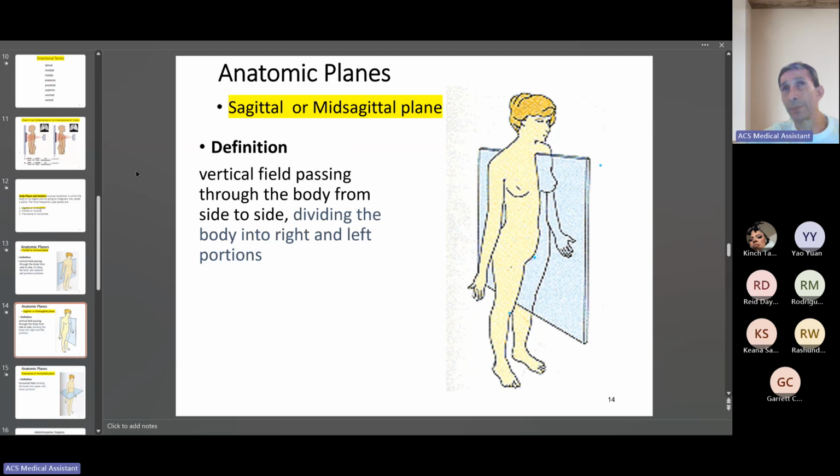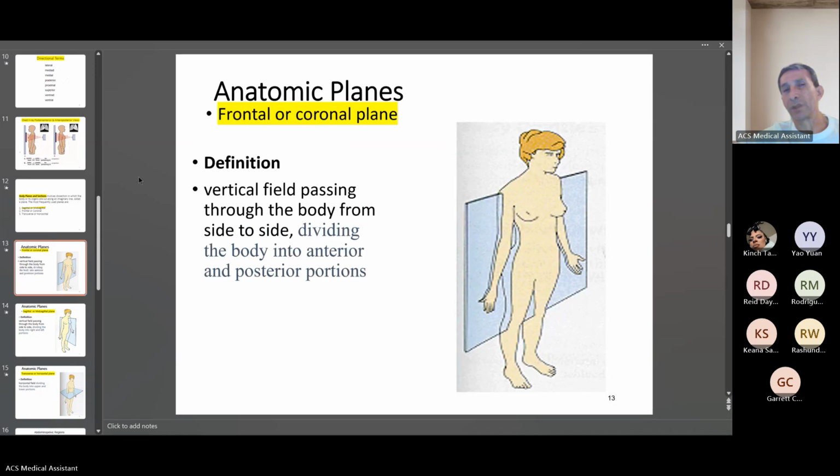So as soon as you see the body is divided into right and left sides, immediately you look for the answer, sagittal, sides, sagittal. If they said equal parts, two halves, that's mid-sagittal. Then you look for mid-sagittal because they're giving you more details. Good.